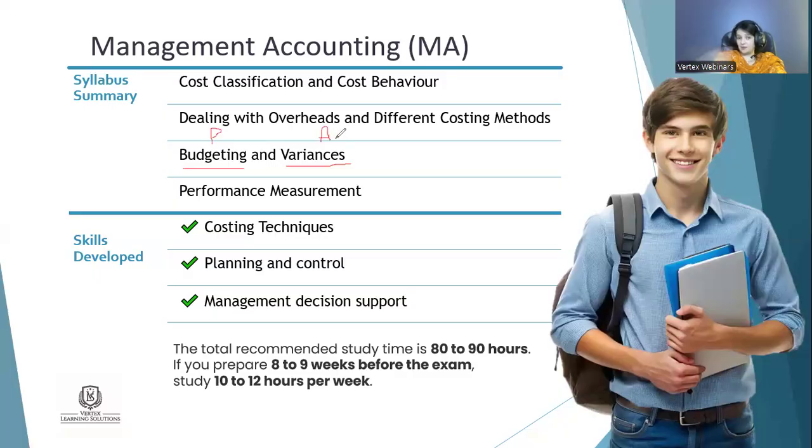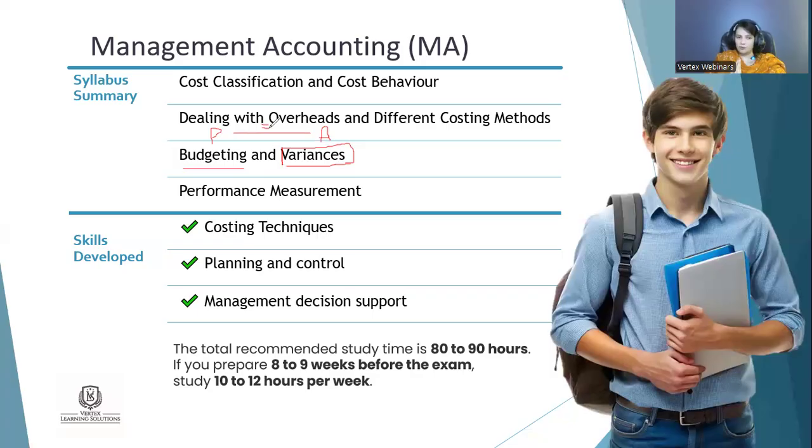Actual results will come from the financial accounting bookkeeping, right? Then you compare. This was the planned, and then actual, then you compare. This is called variance. If it is exactly the same, there is no variance. Whatever you plan to earn, like you plan to sell 1,000 units, actually, how many units did you sell? Thousand.